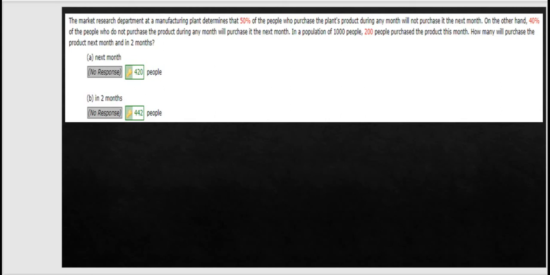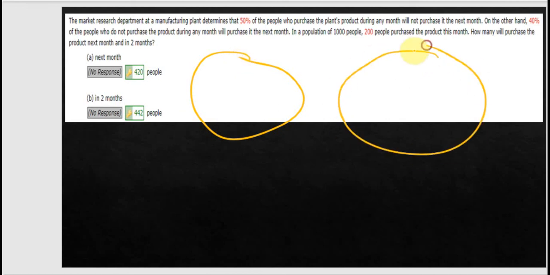So we use that to build this scheme. So we have those who purchase. I guess the red on the white looks better. And here, those who do not purchase.